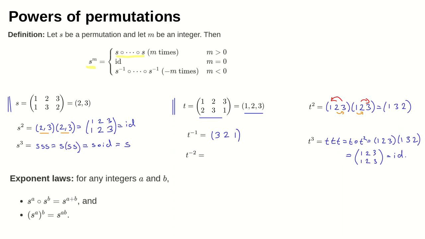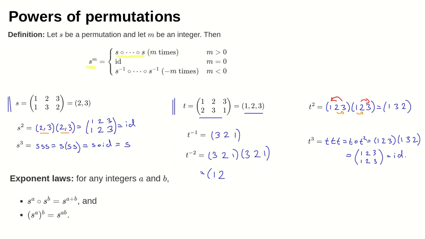But now we've done this, we can work out t to the minus 2, because the meaning of t to the minus 2 is t to the minus 1 composed with itself 2 times. So this should be (3 2 1) composed with (3 2 1). If you work this out, what happens to 1? 1 goes to 3, 3 goes to 2.